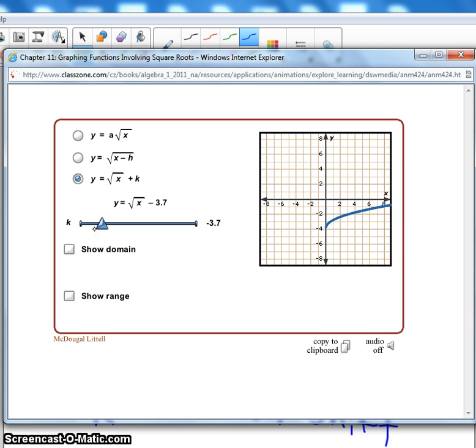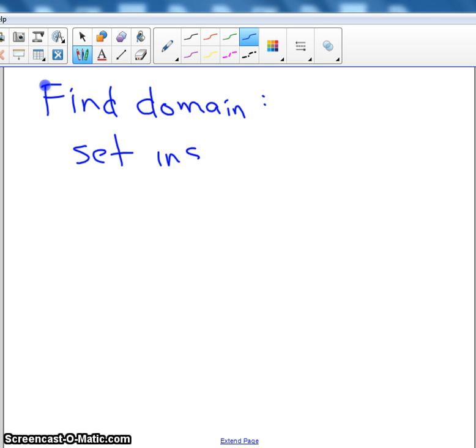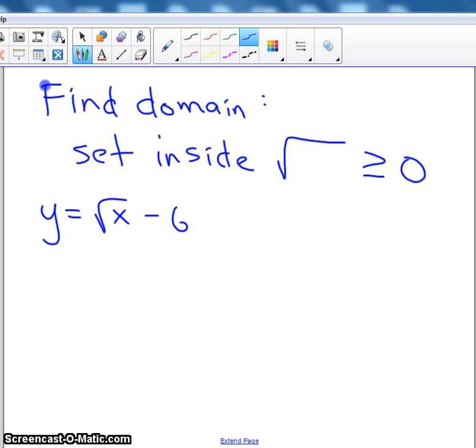So the final thing we need to talk about is how do we find the domain of these square root functions? So to find the domain, what we do is we set the inside of the square root greater than or equal to 0. So let me try to illustrate that with, suppose we have y equals the square root of x minus 6.